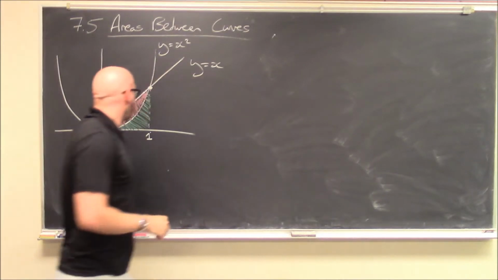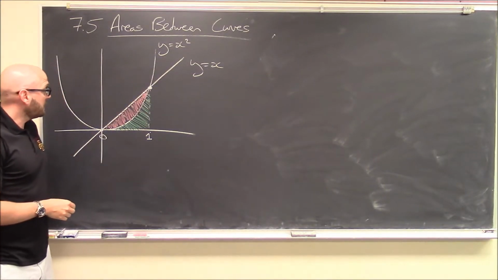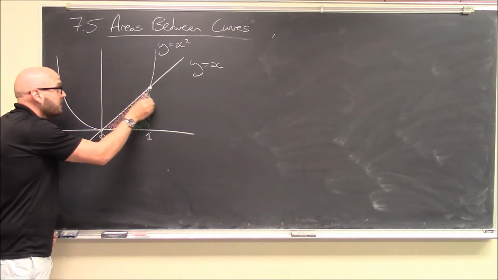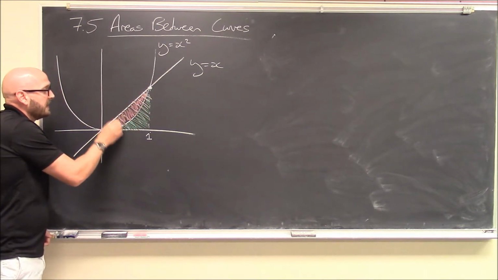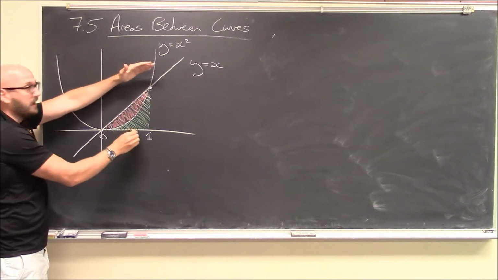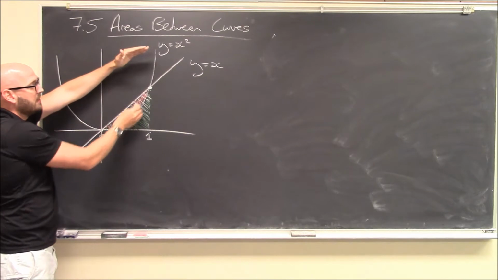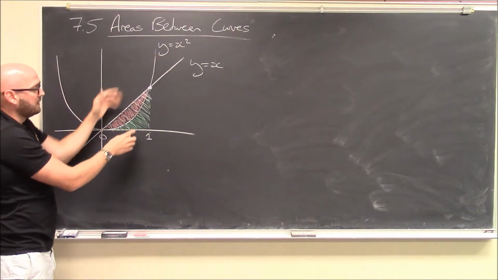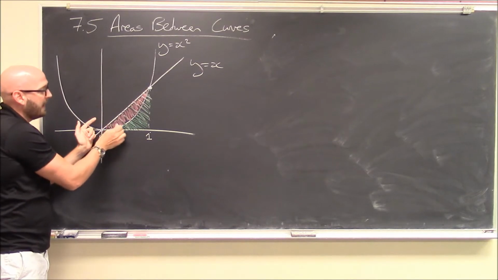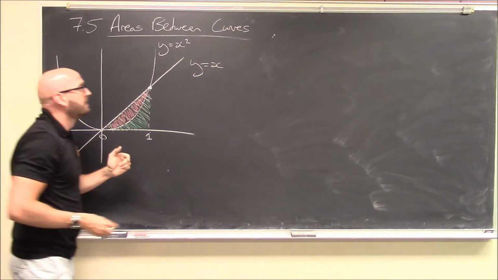If you're thinking geometrically, you can already answer this question. To find the area in red, I could take the area in white, that's really hard to see now, the area under y equals x, and subtract off all the green stuff, the area under y equals x squared, and I'm left with the area in red, right? So take everything in white, subtract off everything in green, and I'll have this area left over in red.